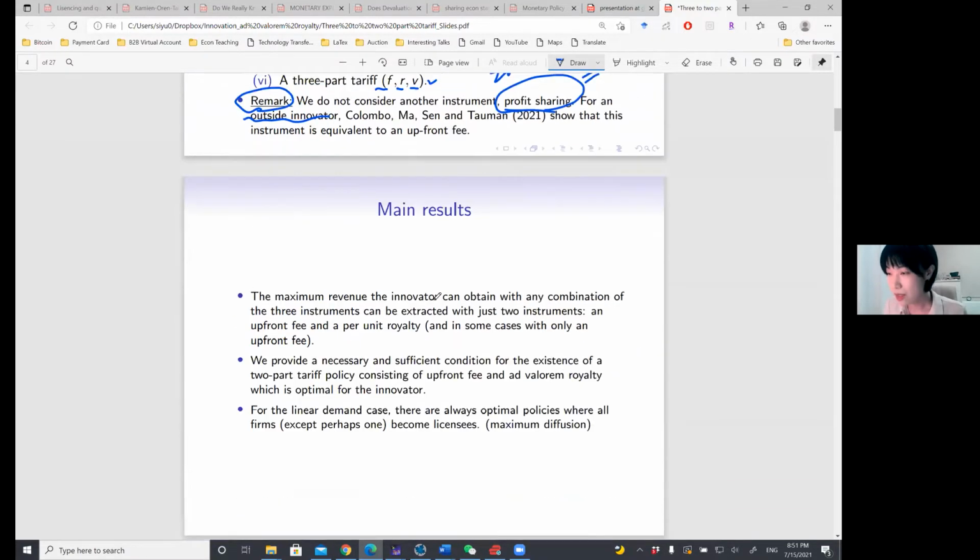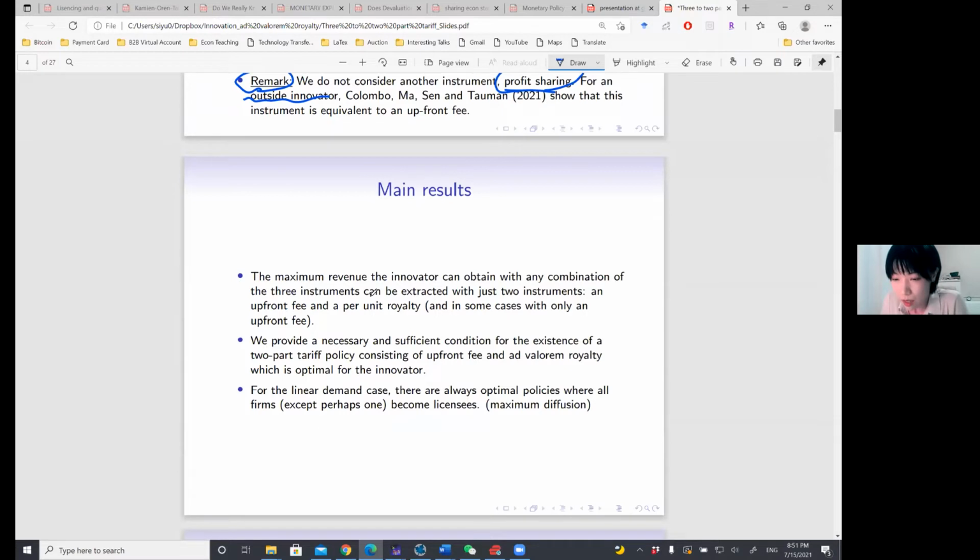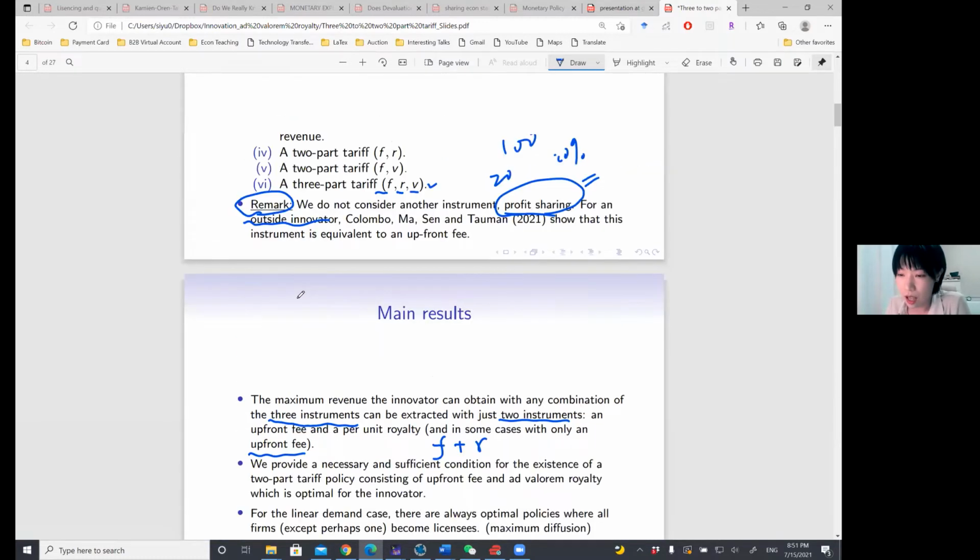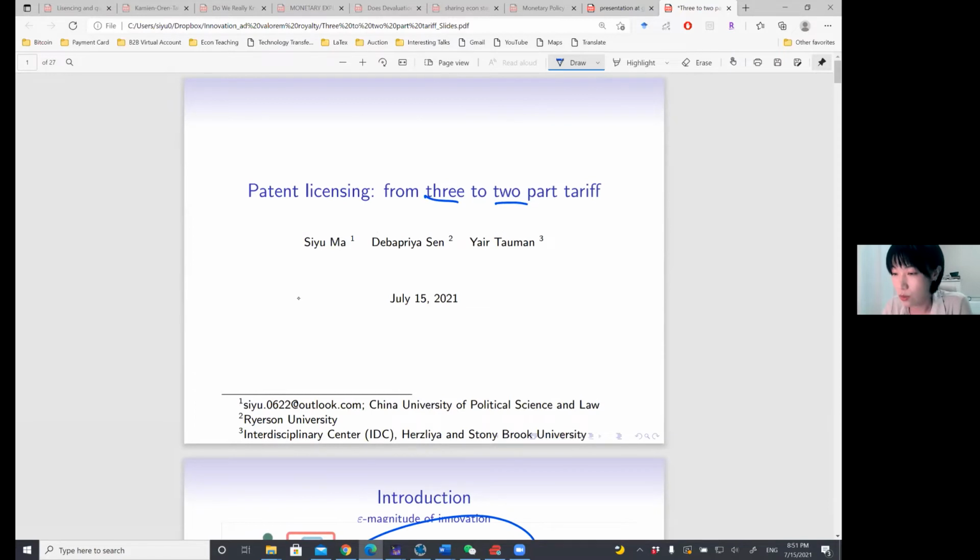In our main results, we show that the maximum revenue the innovator can extract with any combination of the 3 instruments can be sufficiently extracted with just 2 instruments. And what are the 2? It is fee plus per unit royalty, and sometimes a pure upfront fee. This is the title, how we reduce from 3 to a 2-part tariff.